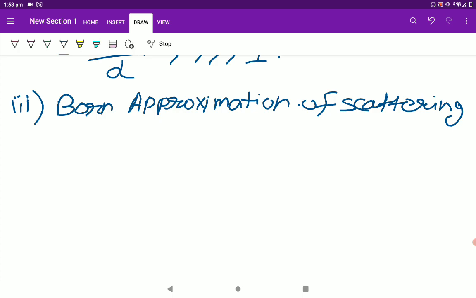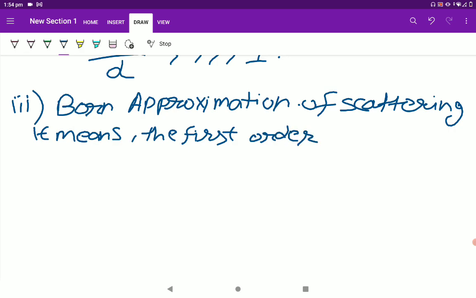Let me write that it means that we consider only the first order approximation.